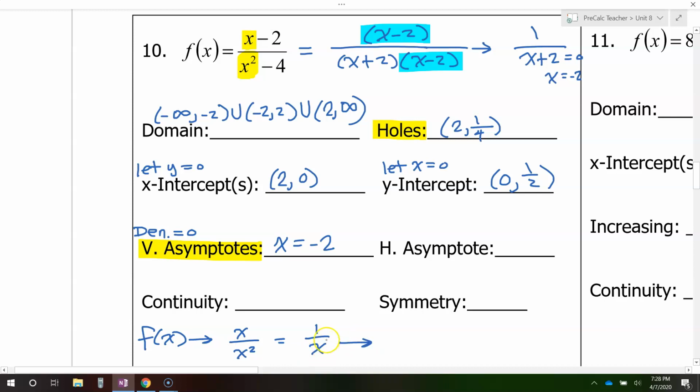As you go 1 over 10, 1 over 100, 1 over 1,000, the value of this fraction is getting smaller and smaller. It is approaching 0. So that's why this is going to be the horizontal asymptote. The horizontal asymptote is basically the end behavior.